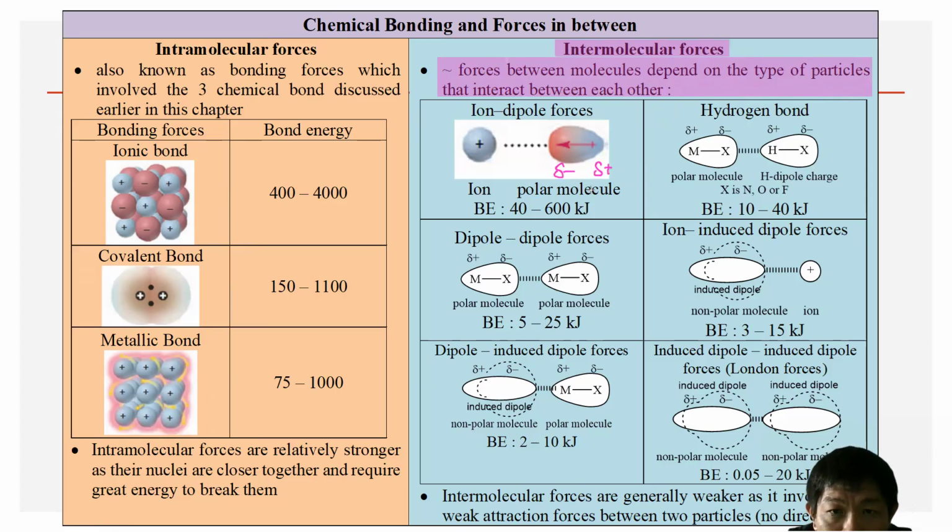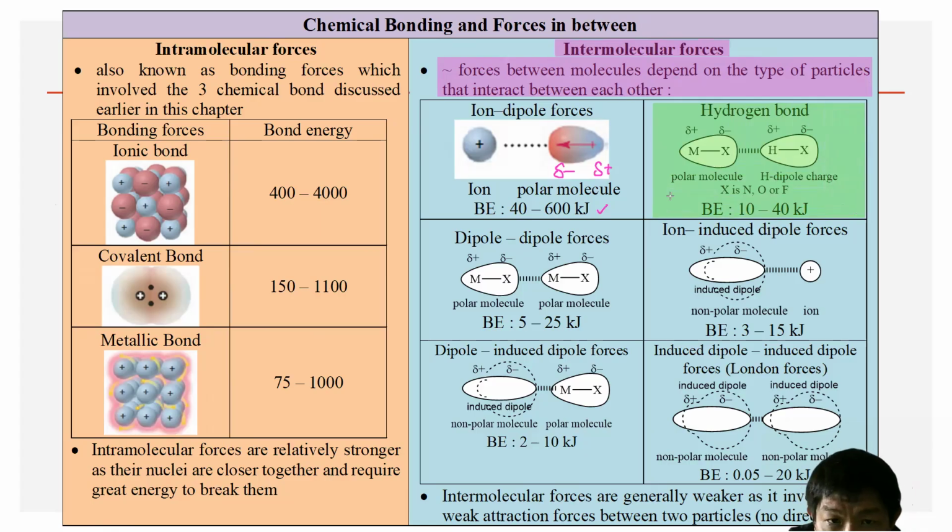The ion-polar molecule interaction has relatively high intermolecular forces, 40 to 600 kilojoules. The second one is hydrogen bonding, which we are going to discuss in our part 11 video later.